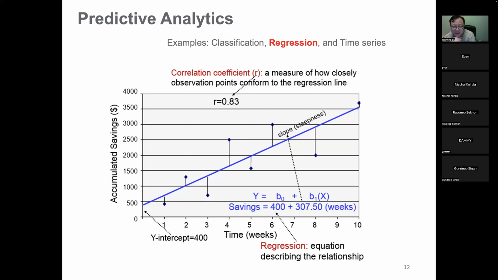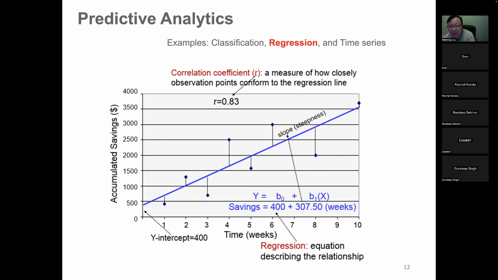In this case, it shows the time in weeks against cumulative savings, and the trend is going up. It tells me that when you allow a longer time, you're going to save more money. What is the relationship?